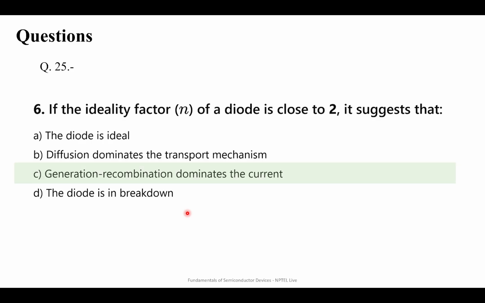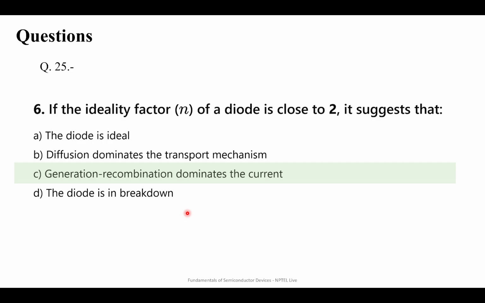So the answer to this would be generation recombination dominates the current. Due to the presence of traps in your depletion region, you have generation recombination happening there, and this is resulting in a current.